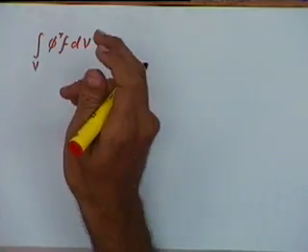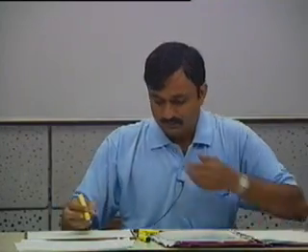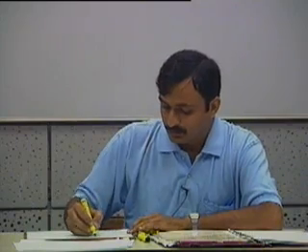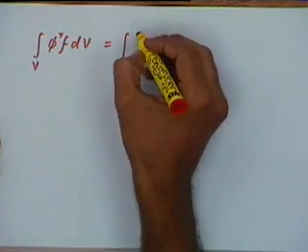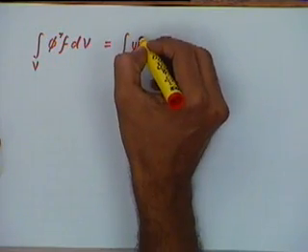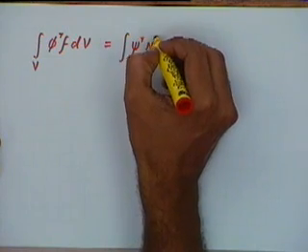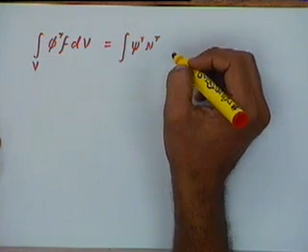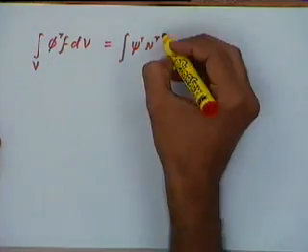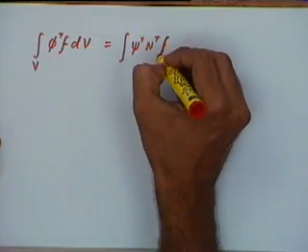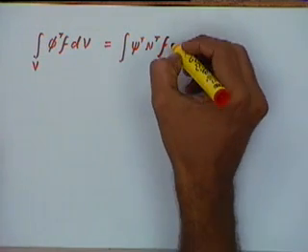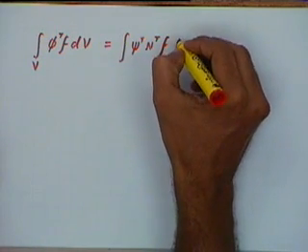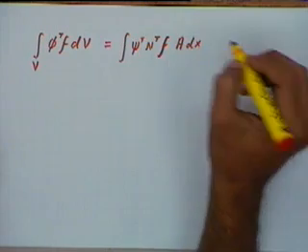Now if I take up this, again phi is equal to n times psi. I am writing it directly. So phi transpose will be psi transpose multiplied by n transpose. F is the body force within the element, dV is A times dx.